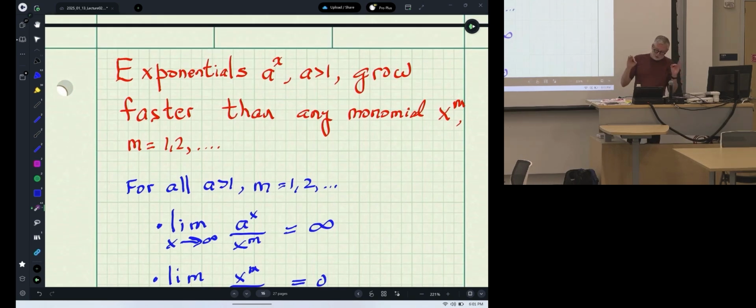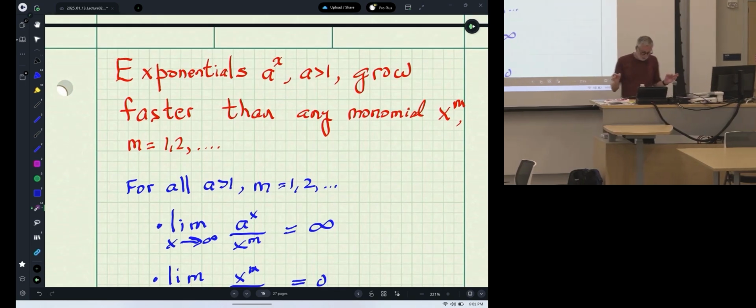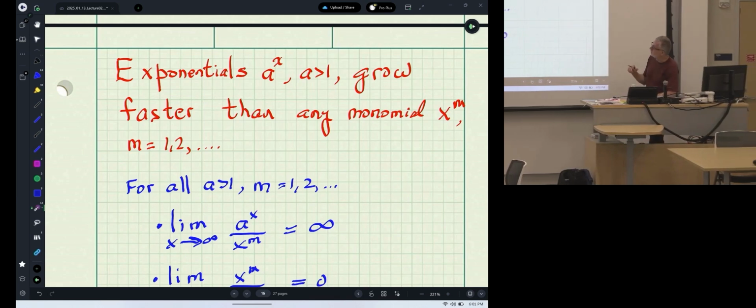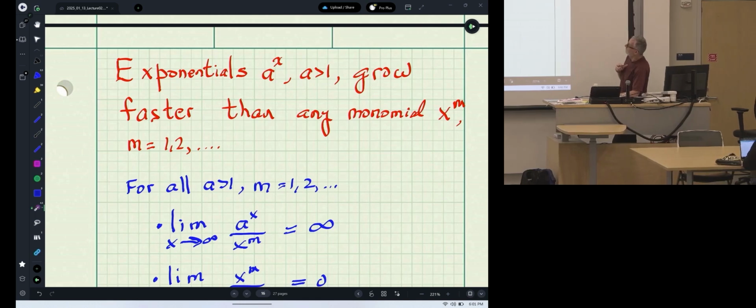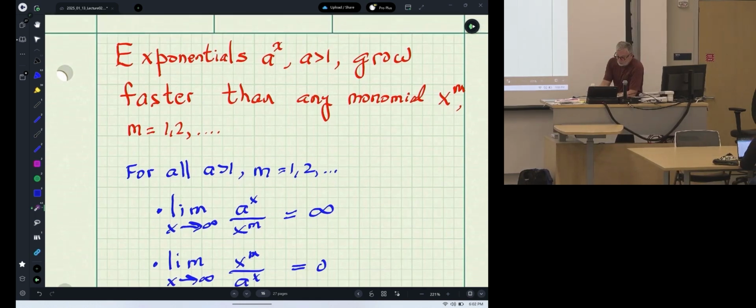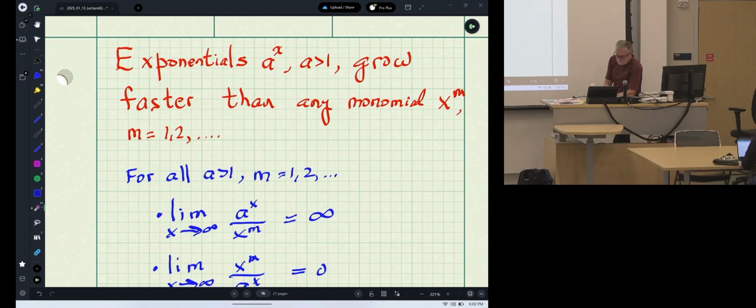That property is still true when you have exponentials interacting with polynomials and rational functions. And the key thing is that a to the x, when a is greater than 1, grows faster than any monomial. And monomials are just things that look like x to the m, where m is a counting number.